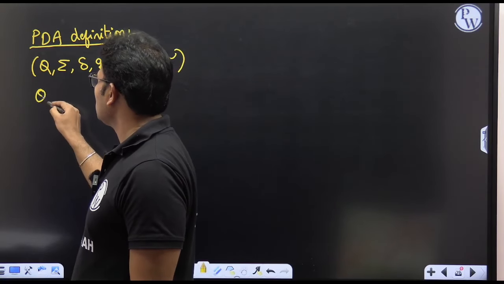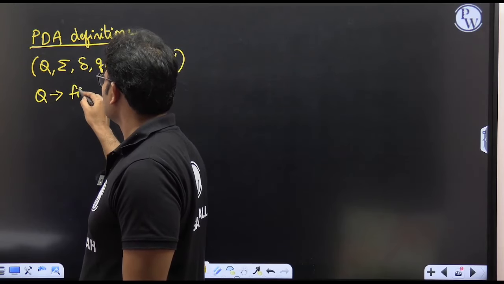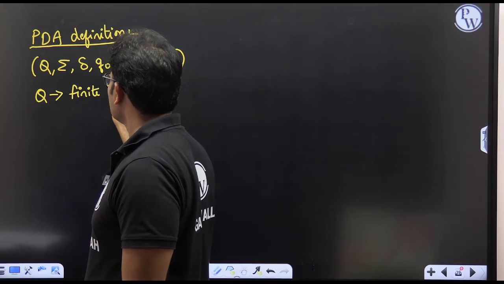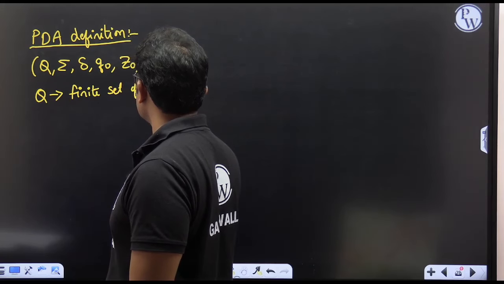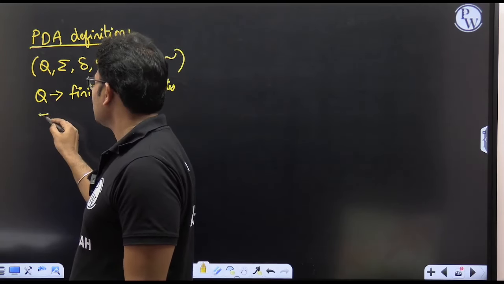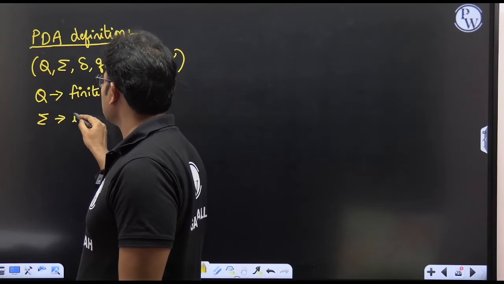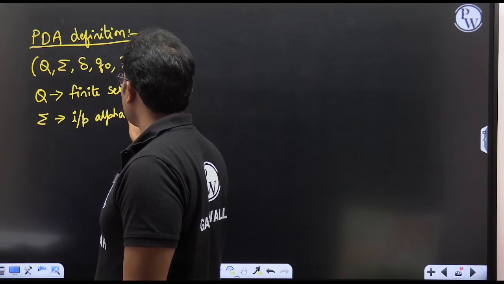Q is a finite set of states. Sigma is the input alphabet.